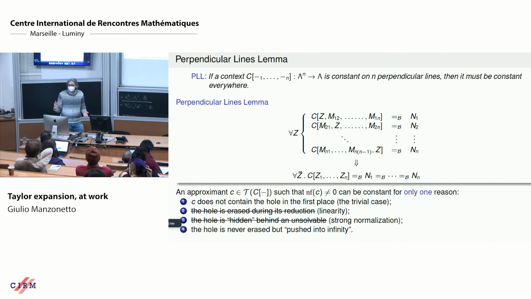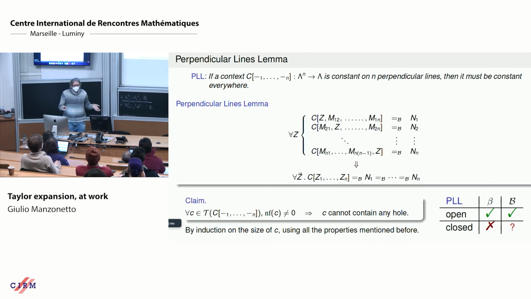It cannot be hidden behind an unsolvable because the calculus is strongly normalizing, so there are no unsolvables. It cannot be pushed to infinity because it's a finite calculus. And so this context must be constant for the trivial reason that it does not have the hole inside. If it does not have the hole inside, then whatever you put there doesn't change the behavior. So if a coefficient in the Taylor expansion of C is different from 0, then C cannot contain the hole.